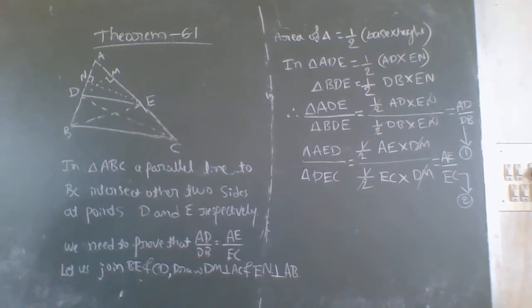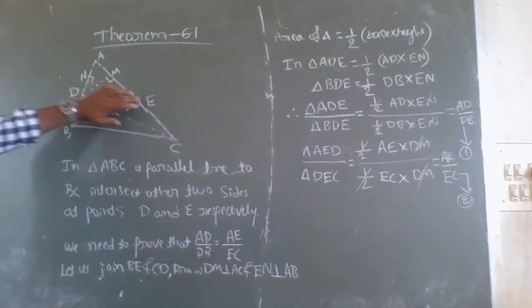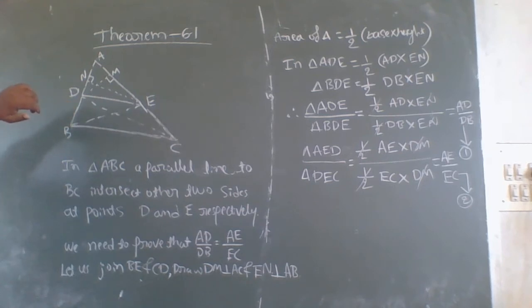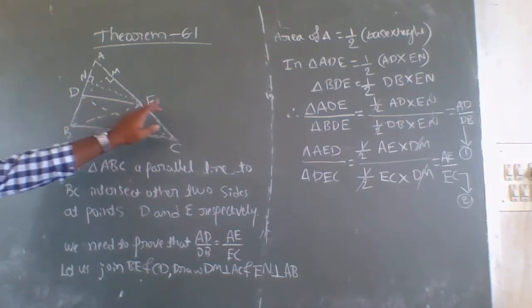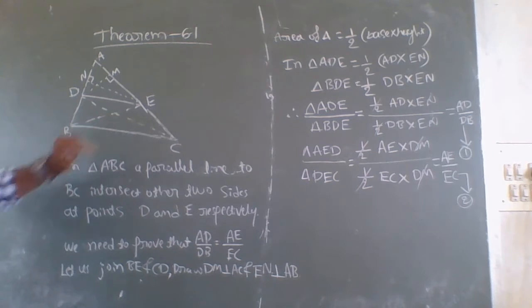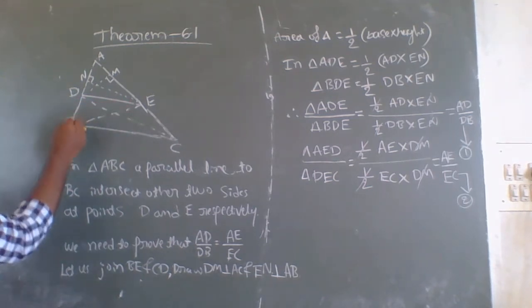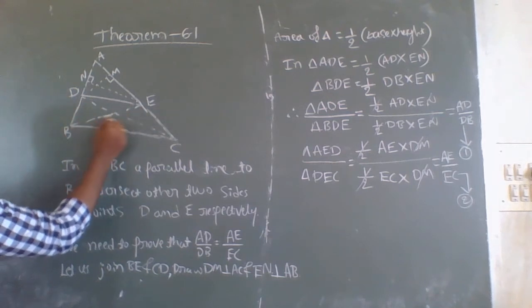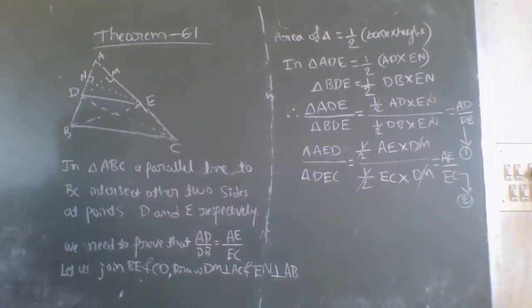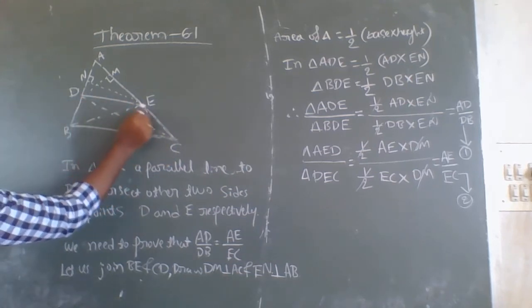Now triangle BDE and triangle DEC, these two triangles are on the same baseline DE. See here, BDE and DEC, this triangle.